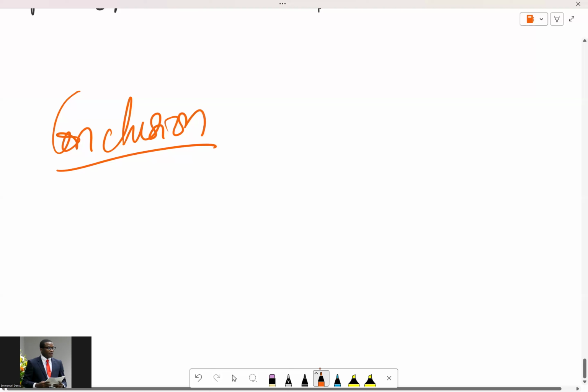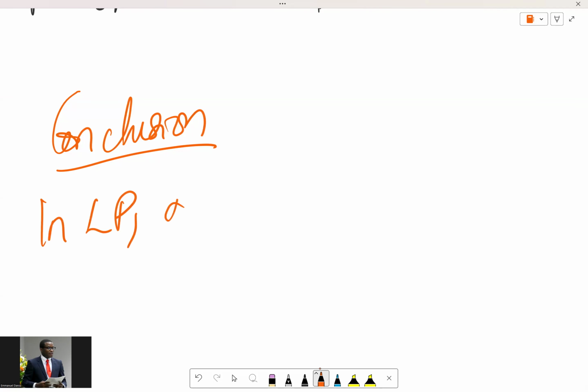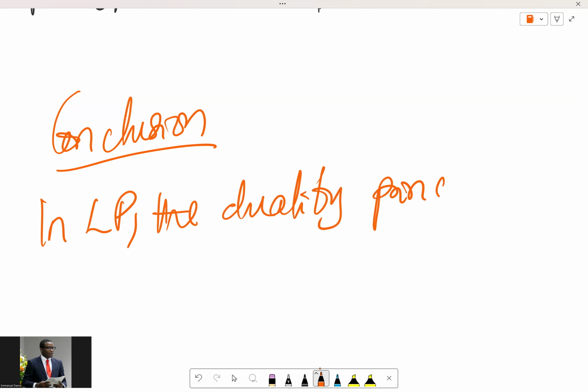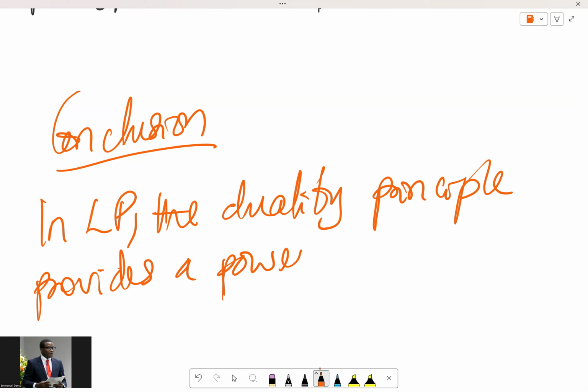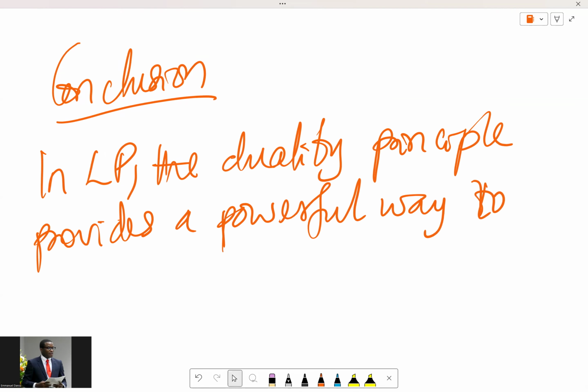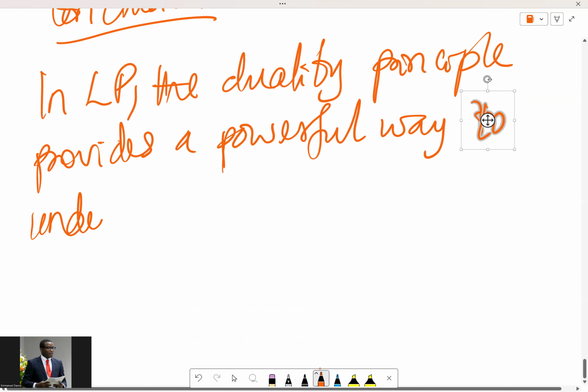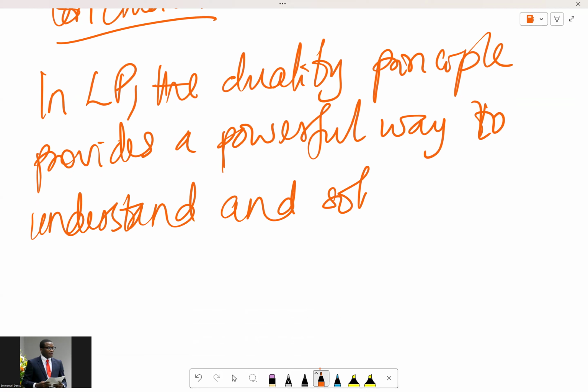Okay, so in conclusion, in linear programming, the duality principle provides a powerful way to understand and solve optimization problems.